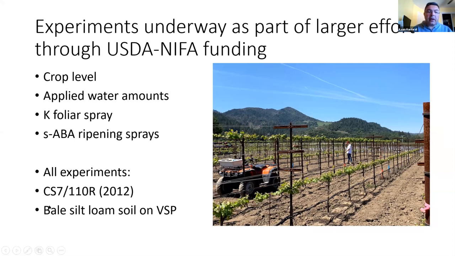All experiments are done on the same soil type, Bale silt loam, and all the grapevines were trained to a vertically shoot positioned system. So everything is the same in all these trials.